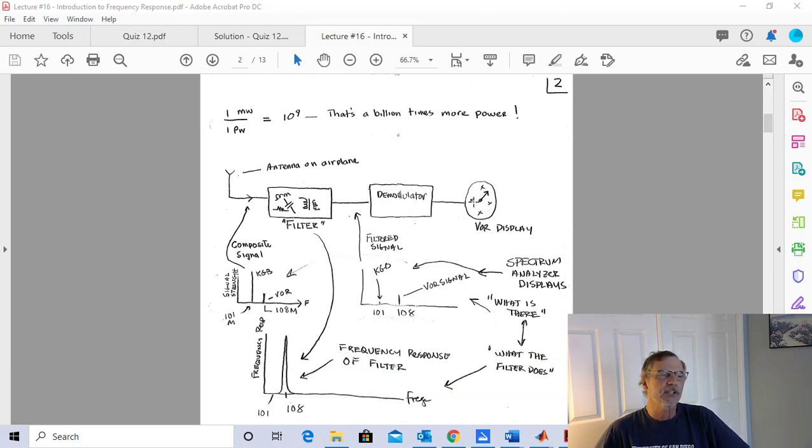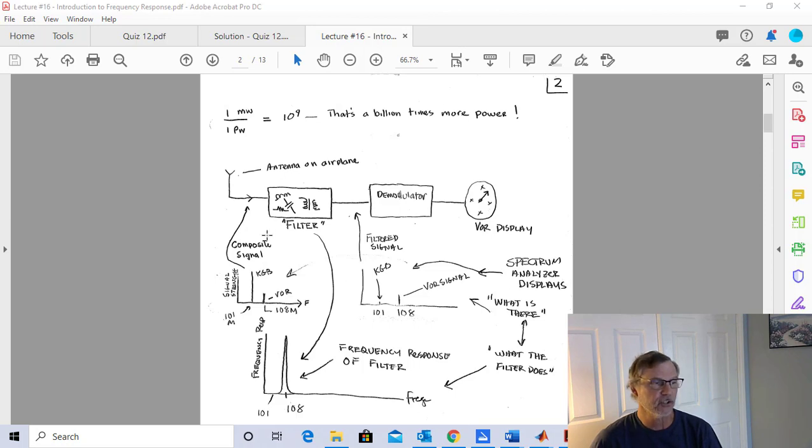So here's our signal path. And what I'm going to show you first is what the spectrum analyzer displays at each point. Remember, the spectrum analyzer tells us what is there. It's a measuring instrument for telling us what is coming in the input. And that's going to be important in a second because we're going to look at another kind of display. And I want to make sure you understand the spectrum analyzer display.